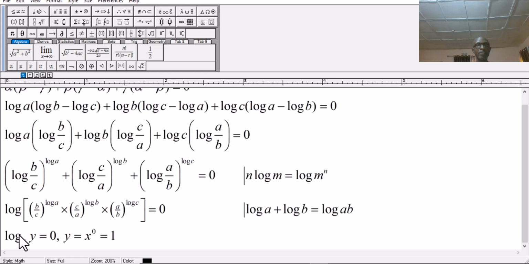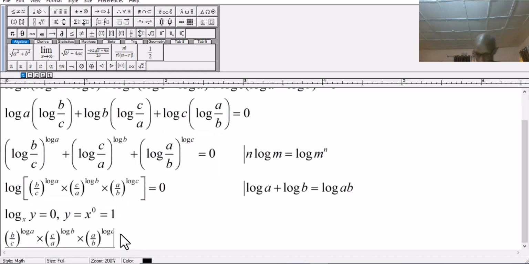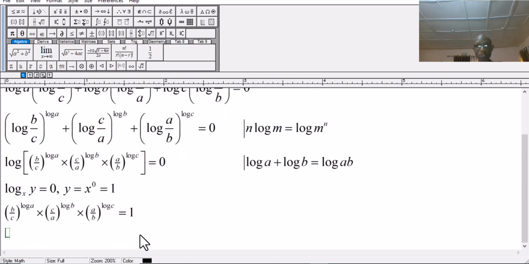So we are saying that y equals 1. Everything x raised to the power of 0 is 1. Because we said log y to base x equals 0, and we show that y is equal to x raised to the power 0, everything here is equal to 1, and that's what we are asked to show.